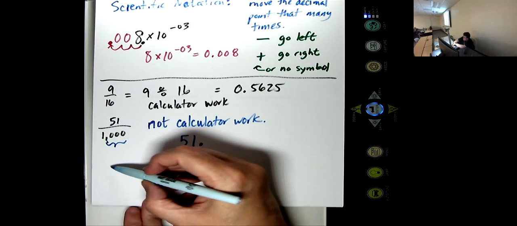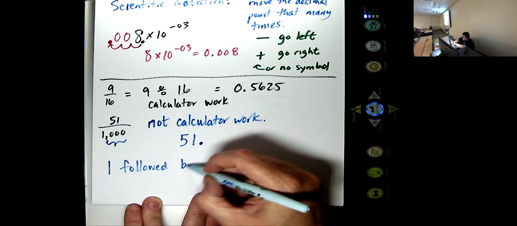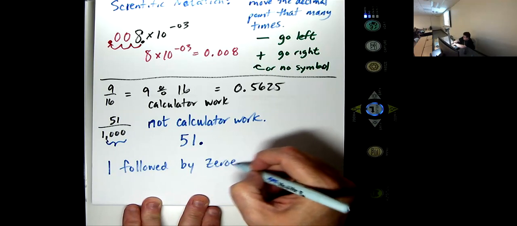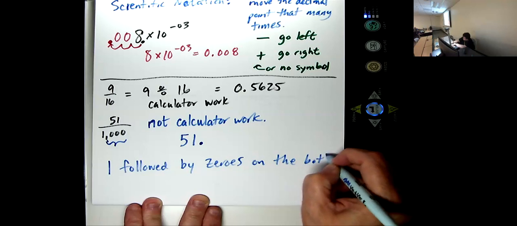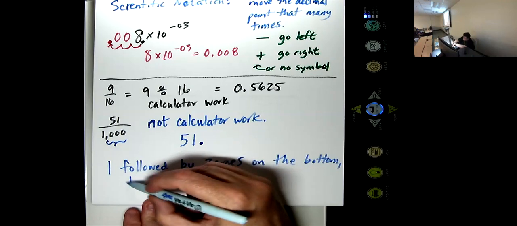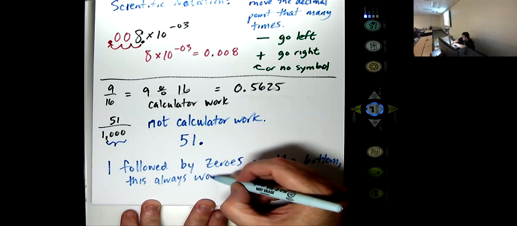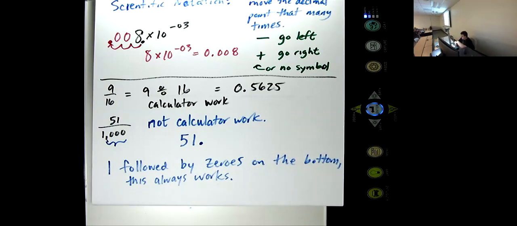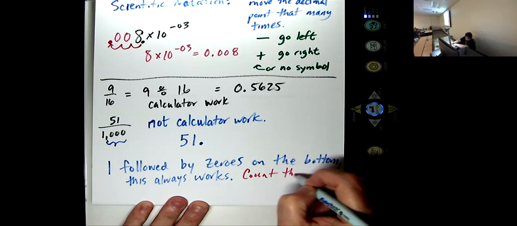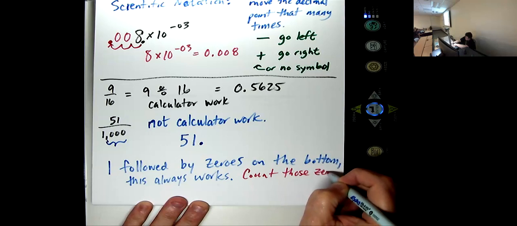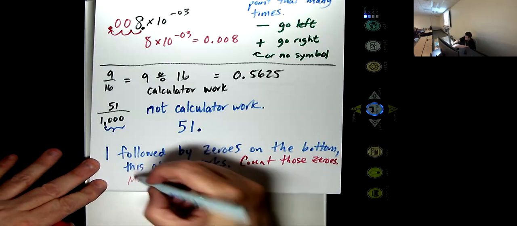If it's a 1 followed by zeros on the bottom, this always works. Count those zeros, and then move the decimal left that many times.